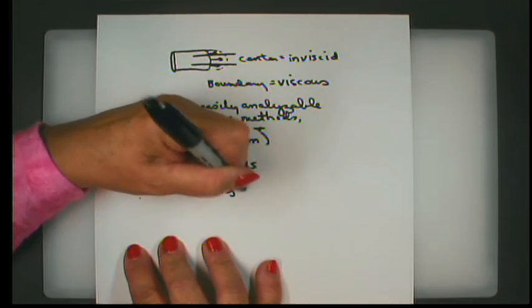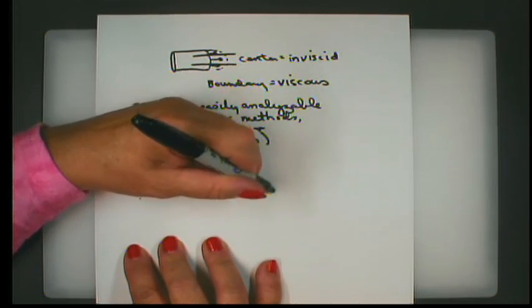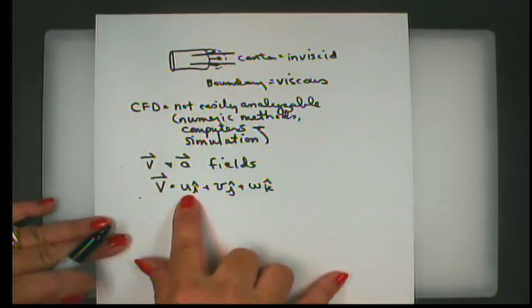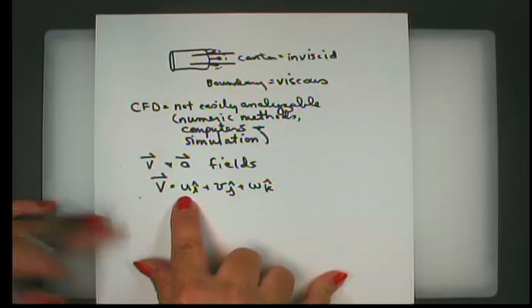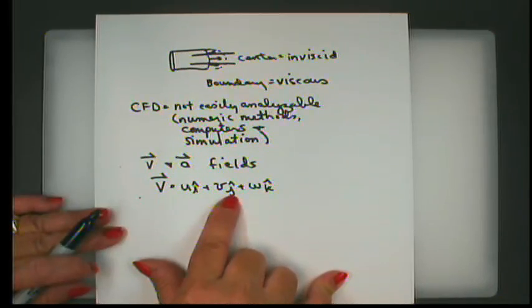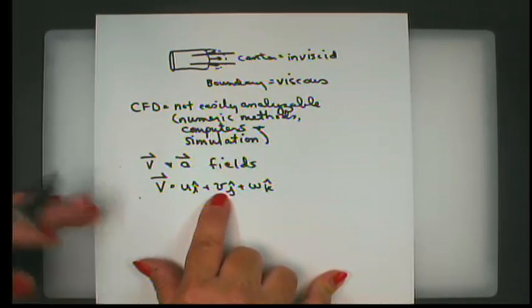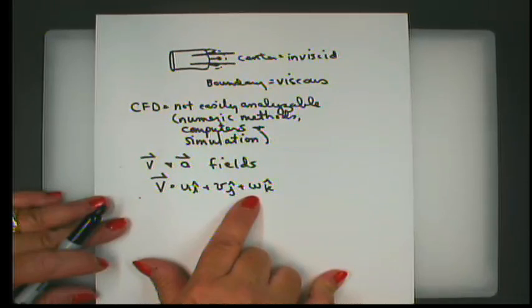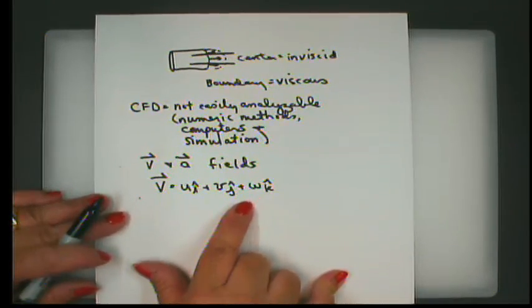We commonly refer to the components in the x, y, and z direction as u, the velocity component in the x direction, little v, the velocity component in the y direction, and w, the velocity component in the z direction.